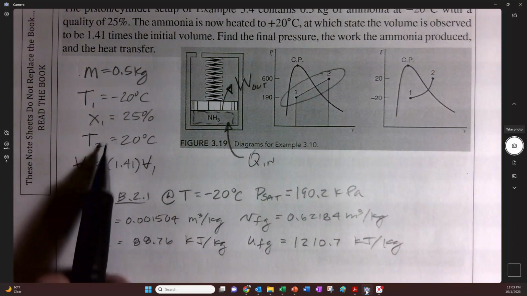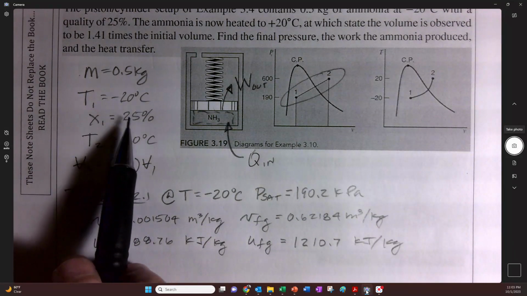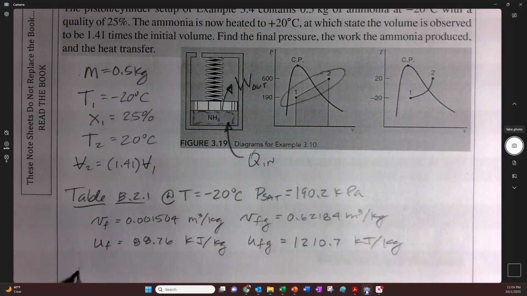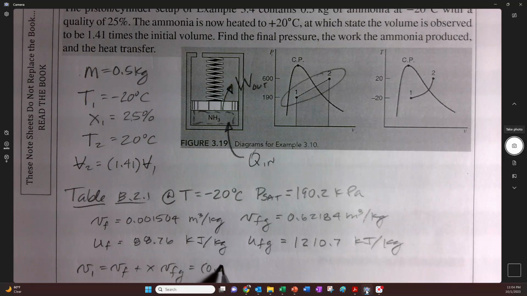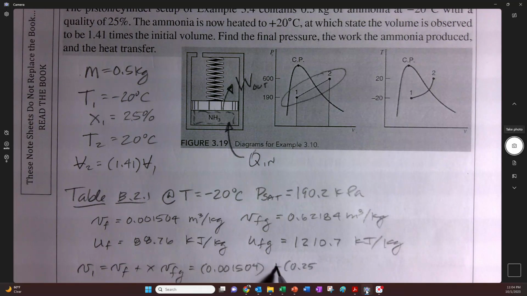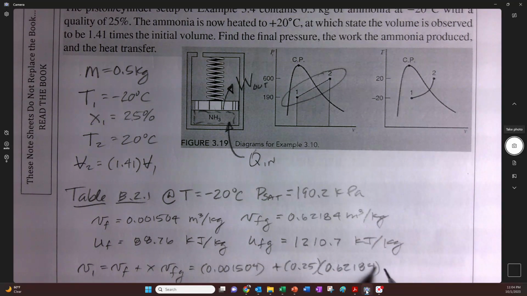And now with this quality right here, we're able to find out what V1 is going to be. And remember, that's just going to be vf plus x vfg. So we get 0.001504 plus 0.25 times 0.62184.